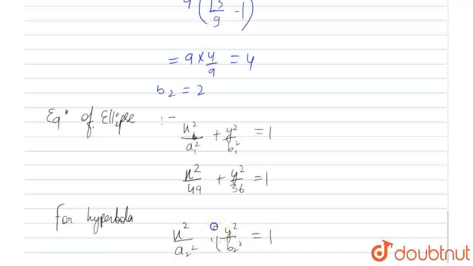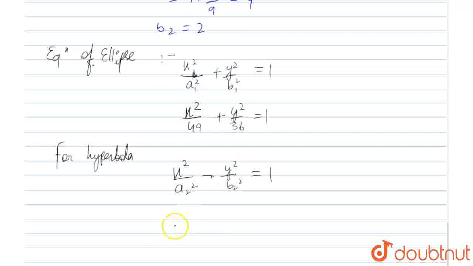By mistake I wrote positive. The final equation will be x square by 9 minus y square by 4 is equal to 1. So that is our final equations of the hyperbola and ellipse.